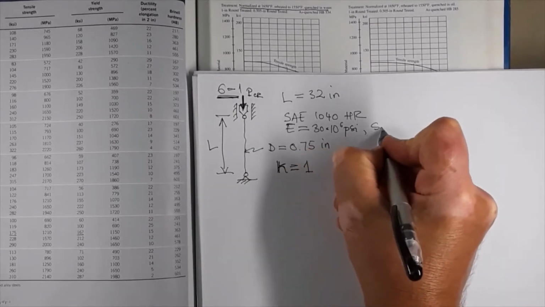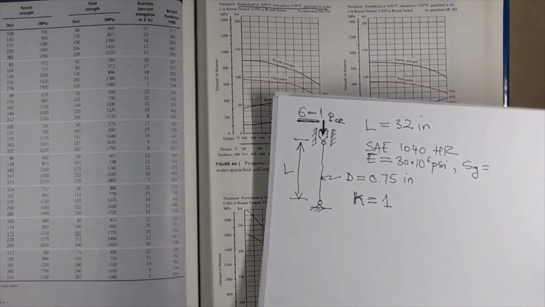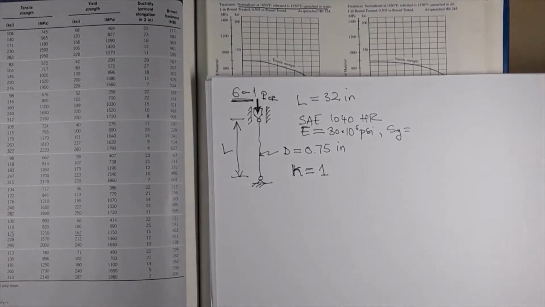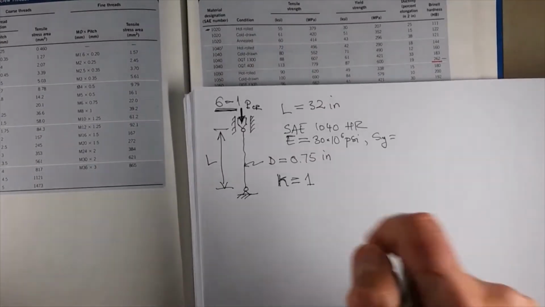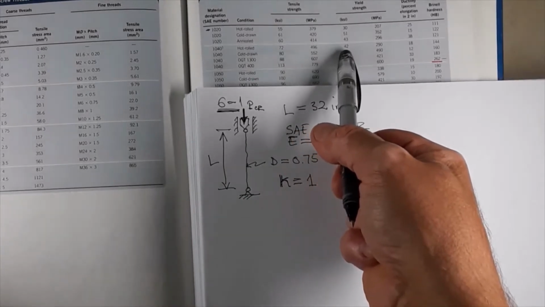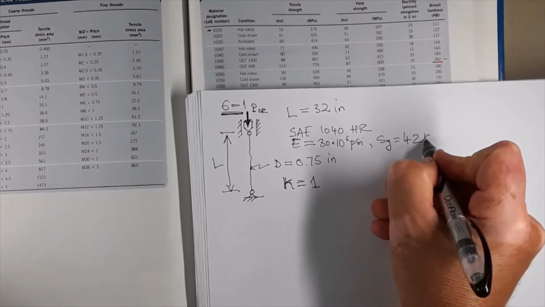And also we need yield strength if it's the case of plastic buckling using Johnson's theory. So from the table we have yield strength 42 ksi.